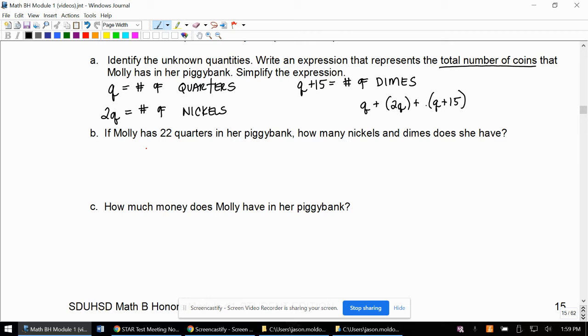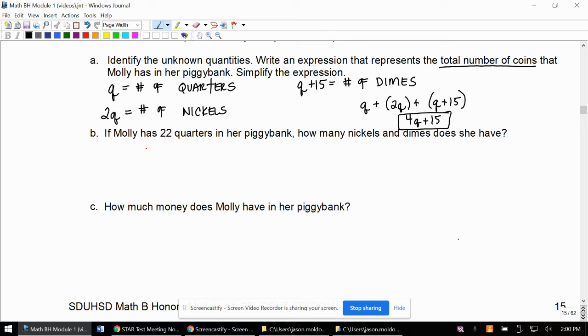This is helpful, but not required. So we technically don't need these. I don't need you to do them. And frankly, we would drop these to start to combine this. So 1Q plus 2Q is 3Q plus 1Q is 4Q plus 15. And there is our simplified expression.